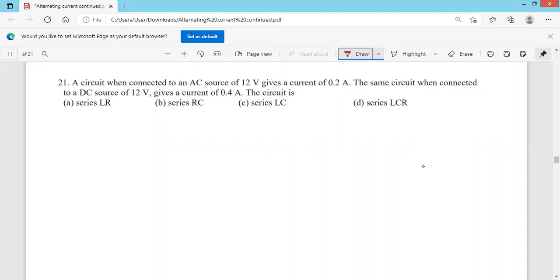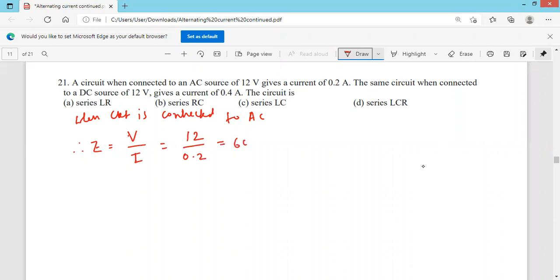When the circuit is connected to an AC source, it gives a current of 0.2 ampere. Therefore, Z is equal to V divided by I, which is 12 divided by 0.2, which is 60 ohm.